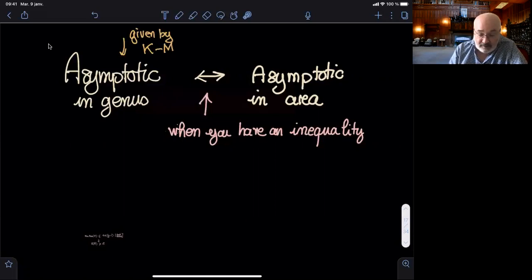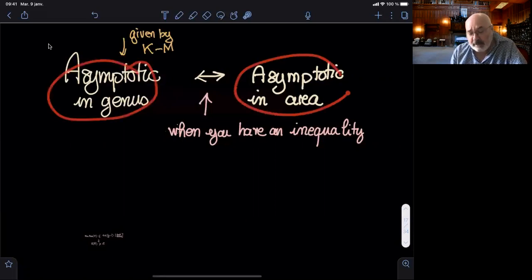How do you relate an asymptotic in the genus to an asymptotic in the area?